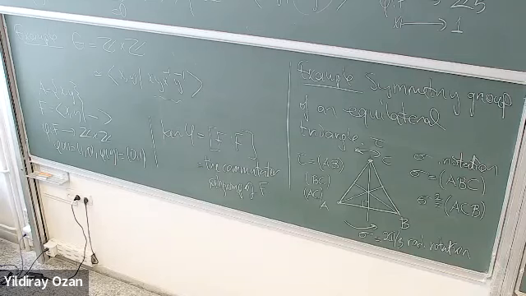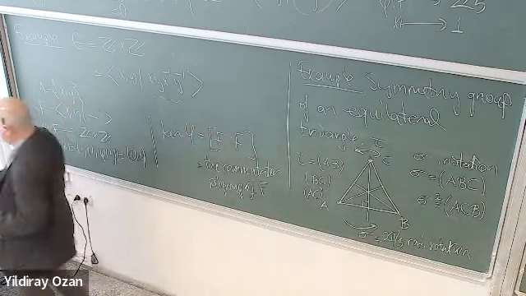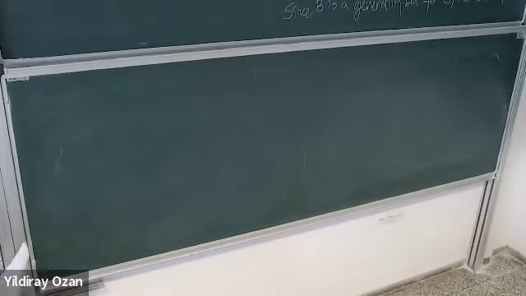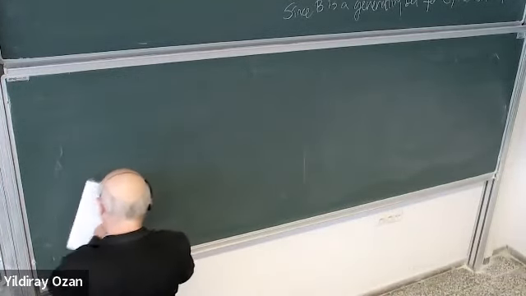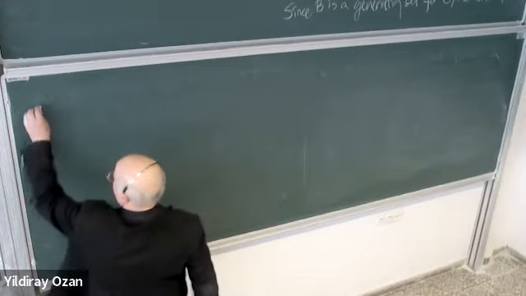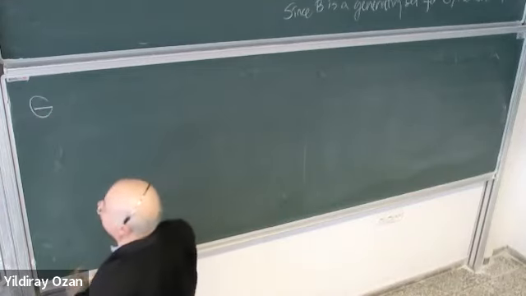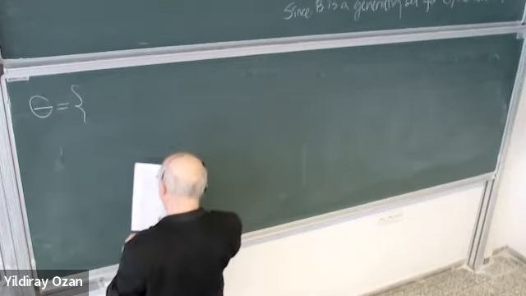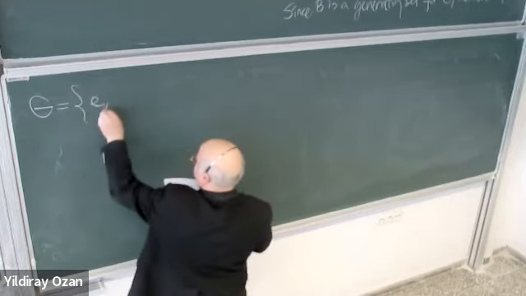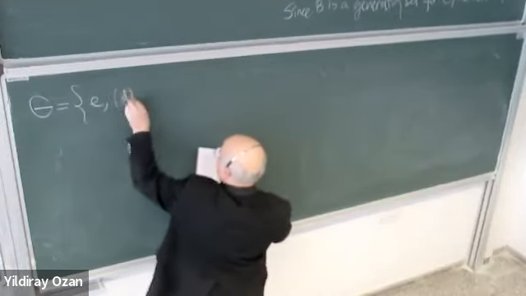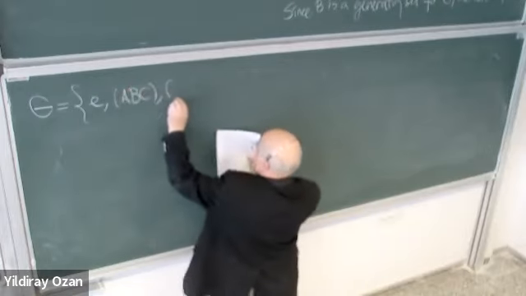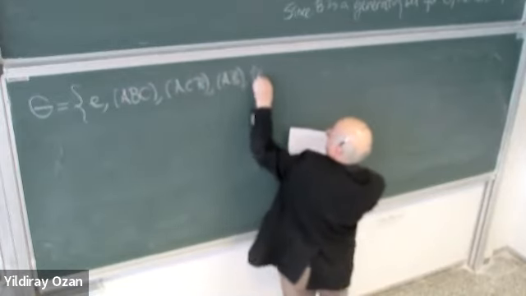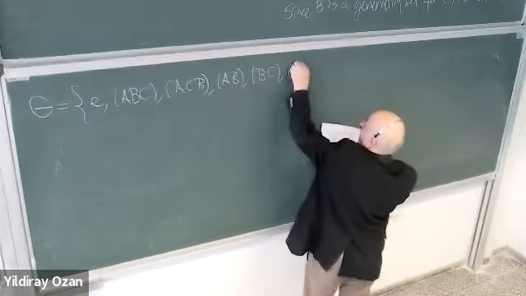Okay. Let me do it like this. We can write it like this. So our symmetric group G of the triangle consists of the identity element and then the permutations ABC, ACB, AB, BC, and AC.